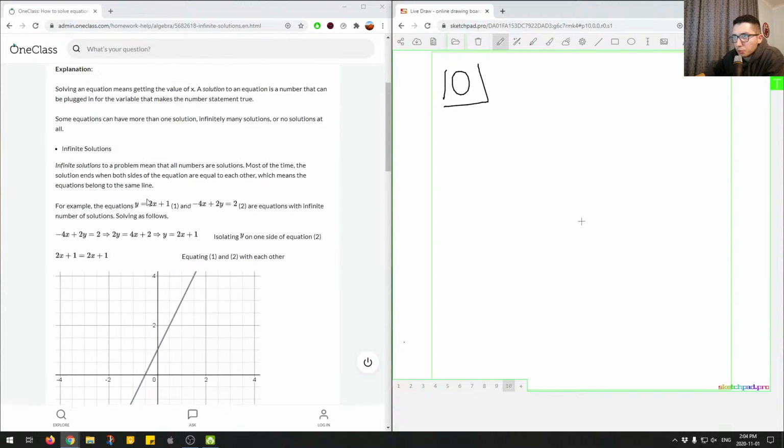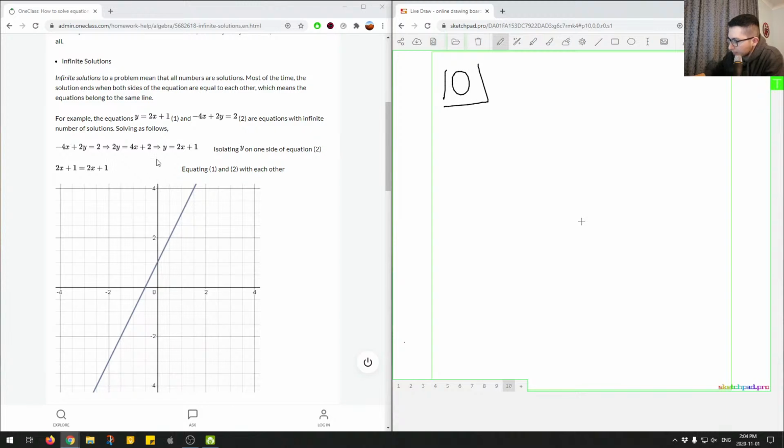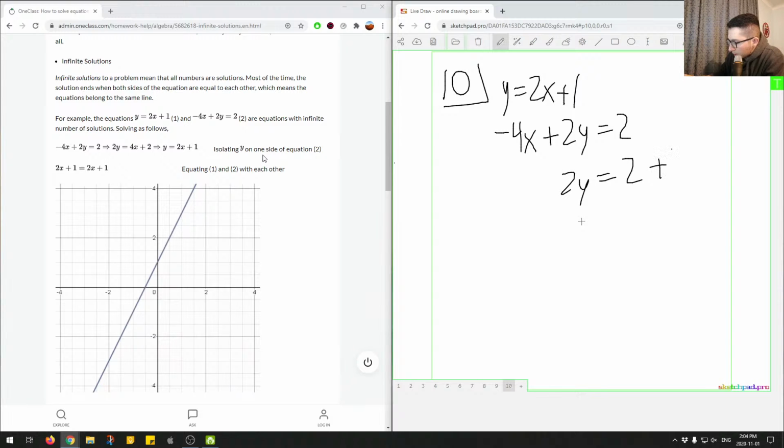So let's just go through the first example. If we're given y is equal to 2x plus 1, and we're given negative 4x plus 2y equals 2, we'll rearrange this equation first. So 2y equals 2 plus 4x, then y equals 2x plus 1.